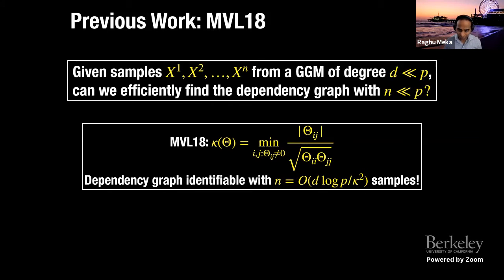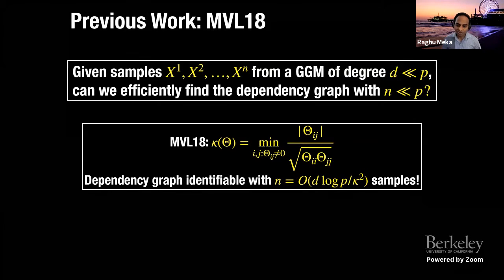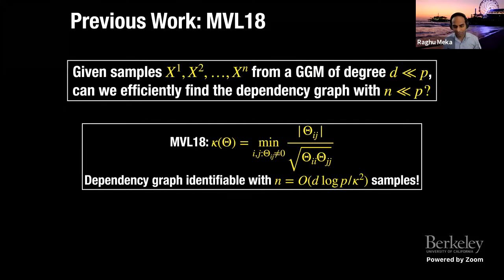So the number of samples is logarithmic in the dimension, the dependence on the degree is linear, and the dependence on this edge parameter kappa is 1 over kappa squared. And having some dependence on kappa seems very natural, right? If the edge strength is very low, you should need many samples to even identify that there's an edge, even when you're looking at just the 2 by 2 case.